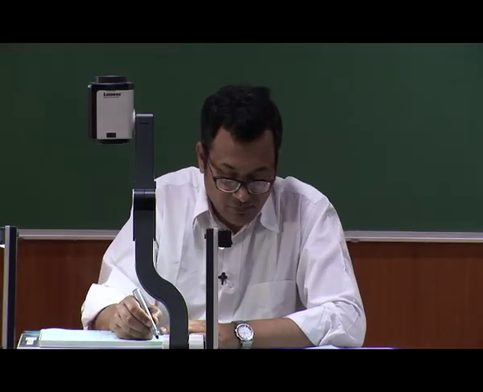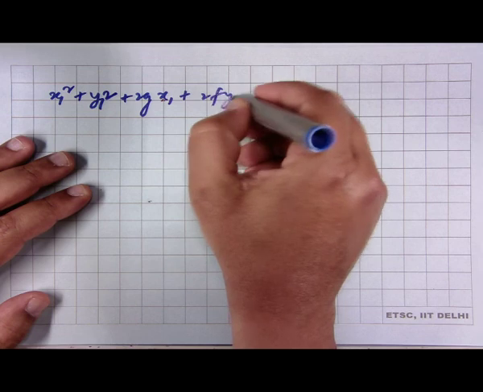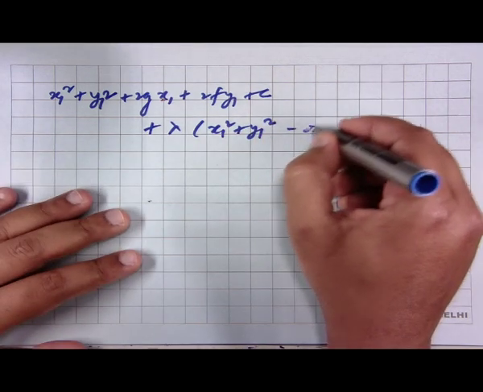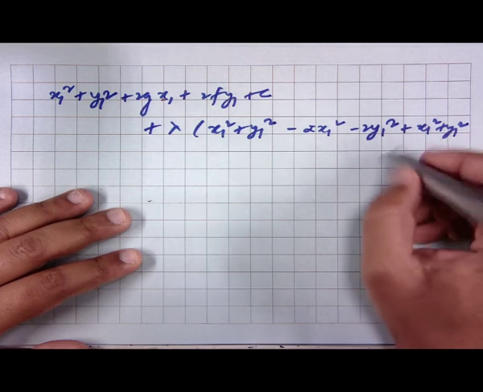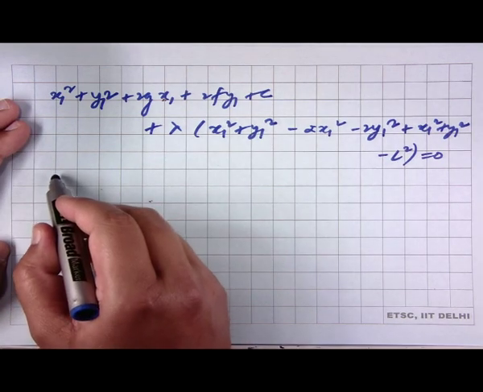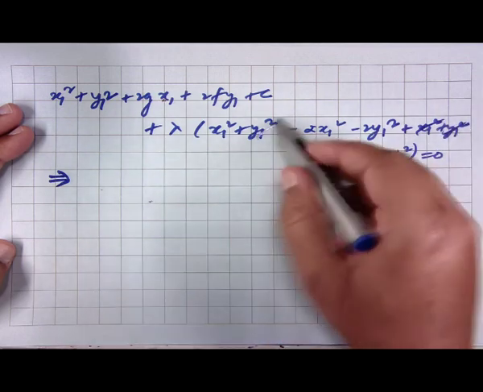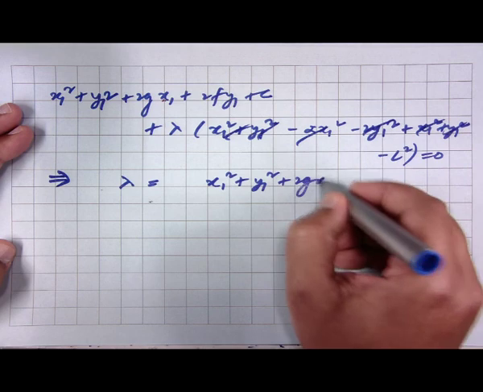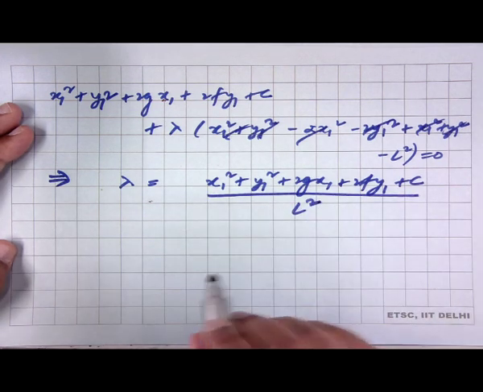So, when we do that, we get, which implies that lambda must be equal to, by L square.